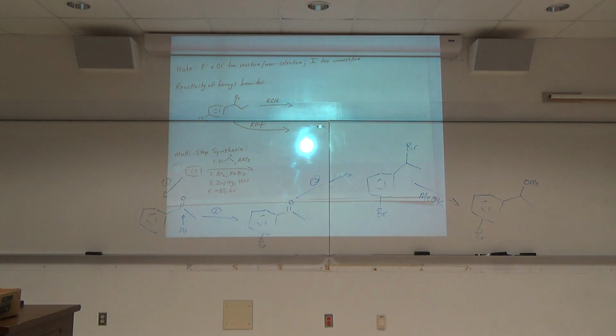Somebody said elimination. Possibly, but methoxide is not a sterically hindered nucleophile, so I'd probably say SN2. Usually when you want elimination, you will use a sterically hindered base. Unless it's a leaving group on a tertiary carbon, then it has to be elimination. Okay.